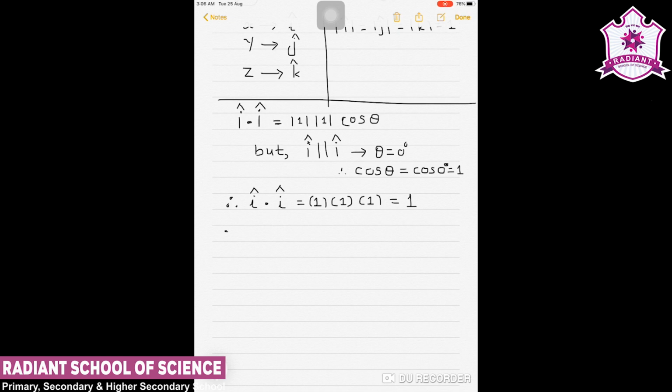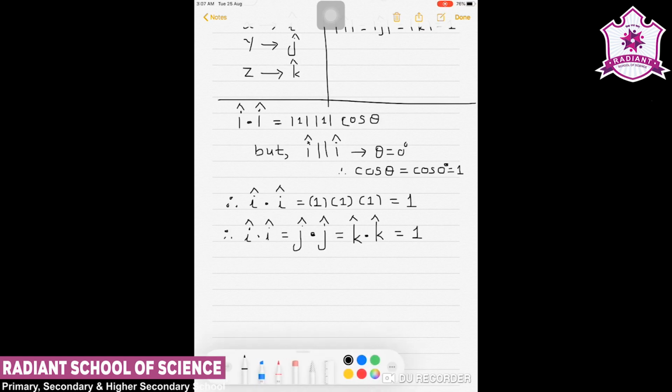And in the same manner, i dot i is equal to j dot j is equal to k dot k is equal to 1.